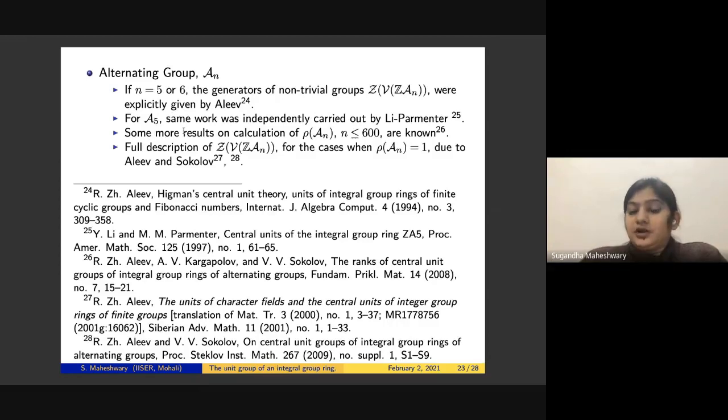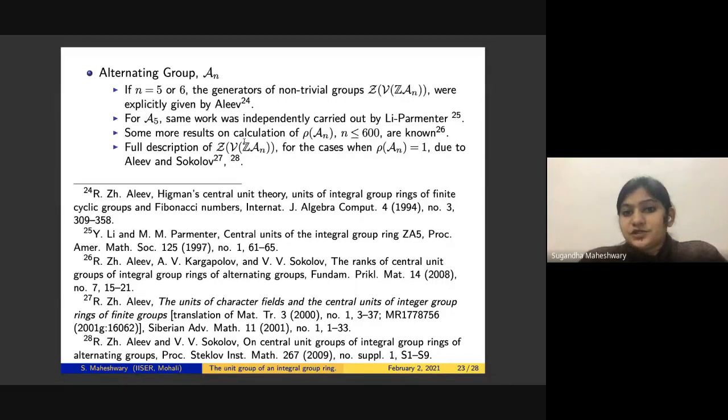Then there are also some results which tell you about the rank of A_n when n is less than or equal to 600. It's not a complete thing, but there are ways of doing this, and it has a good coverage of the n's less than or equal to 600.